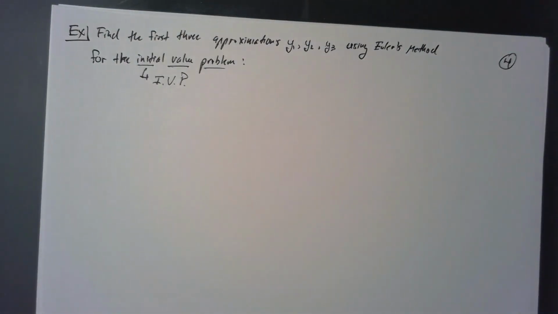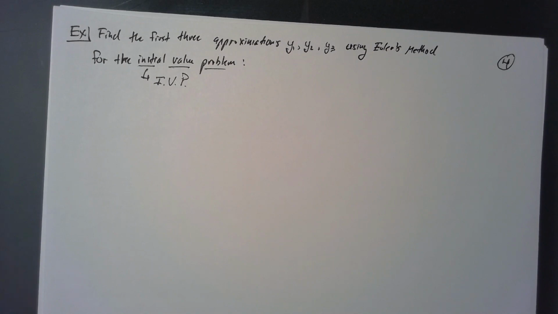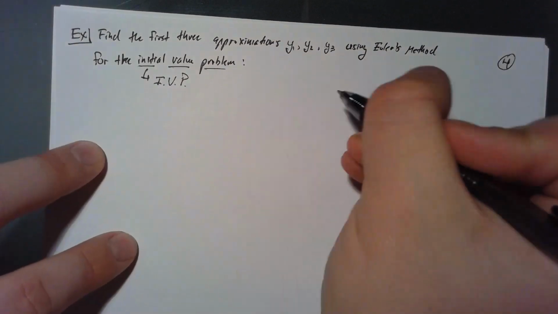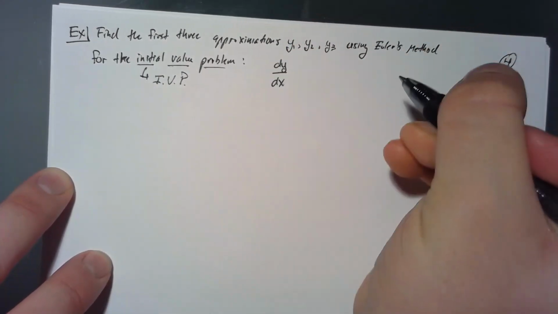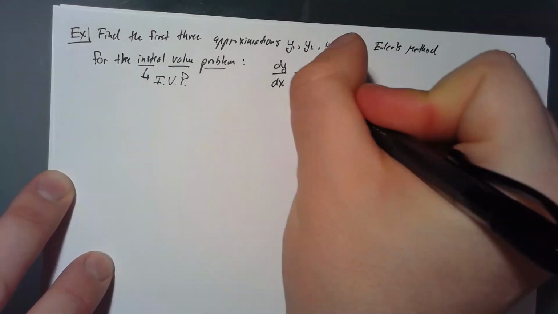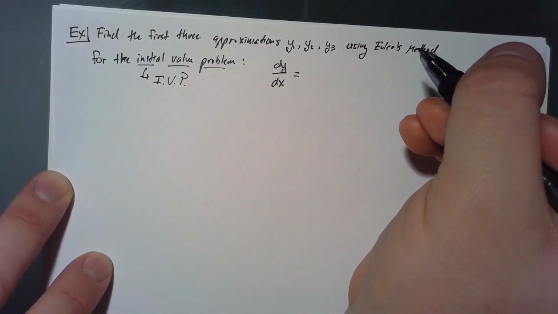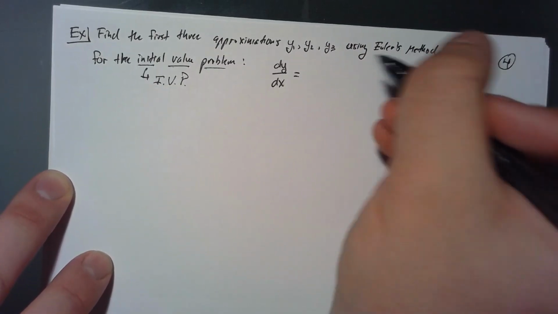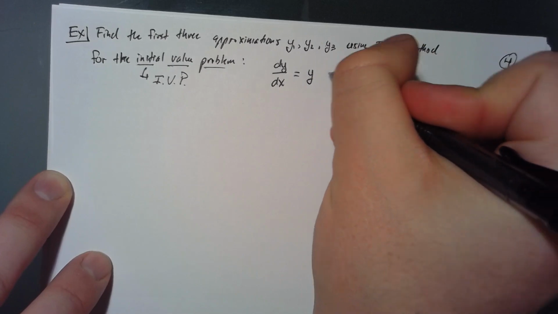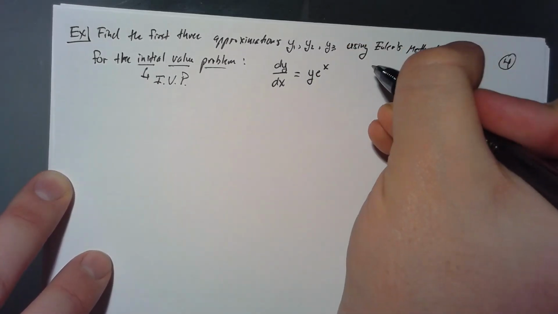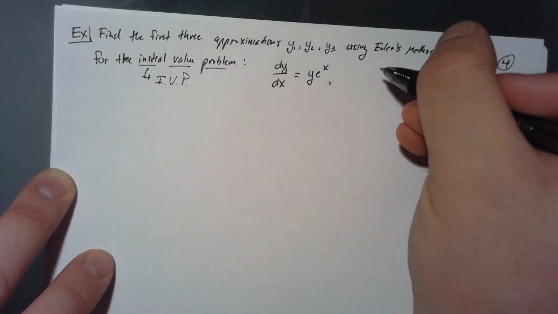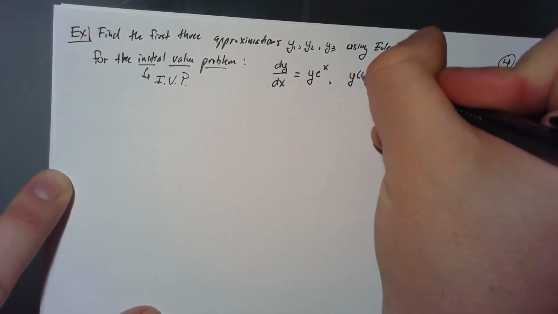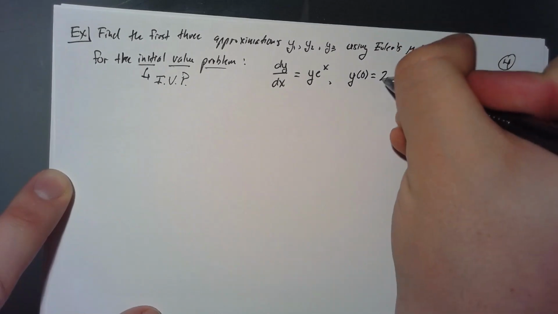So I have an initial value problem of, let's see, dy dx equals y e to the x. And so that's the differential equation, and the initial condition is y at 0 equals 2.